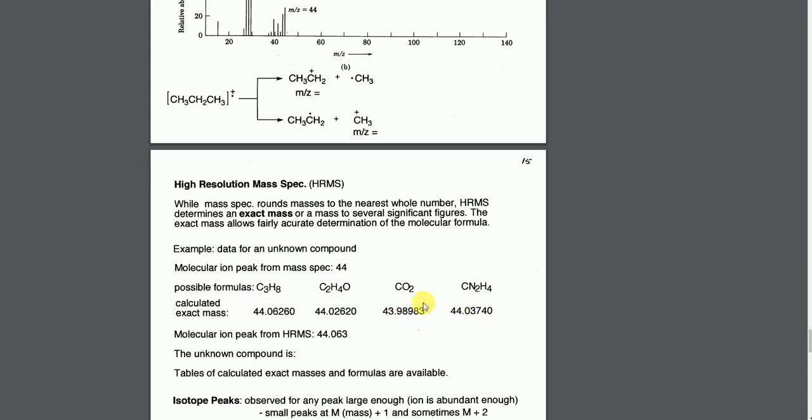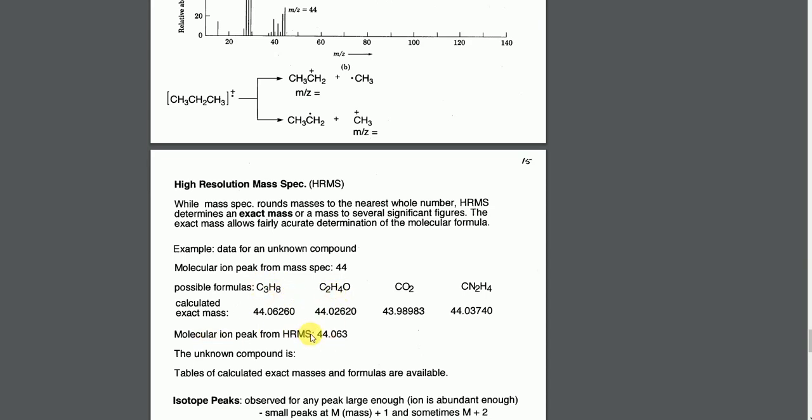High resolution mass spec will give us a reading that has some decimal places, so it's very accurate. And so it'd be very easy for me to figure out which compound exactly I have.